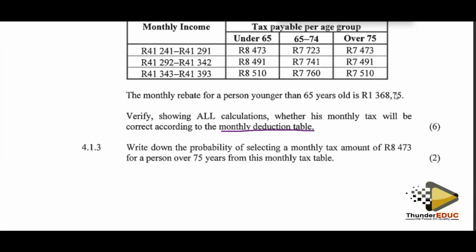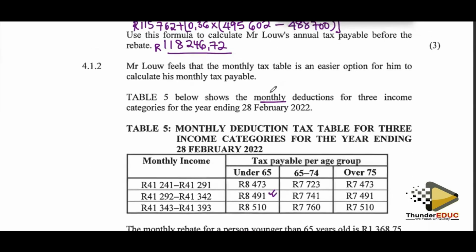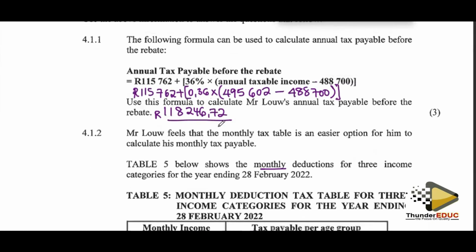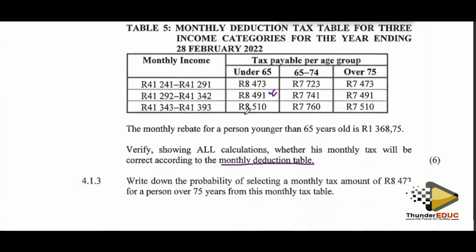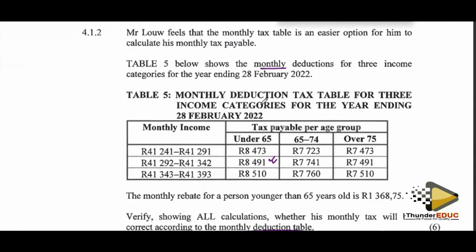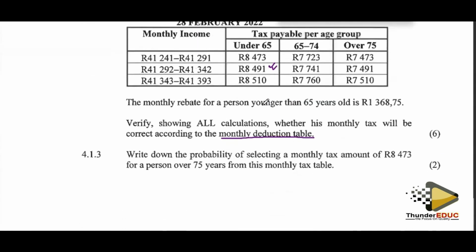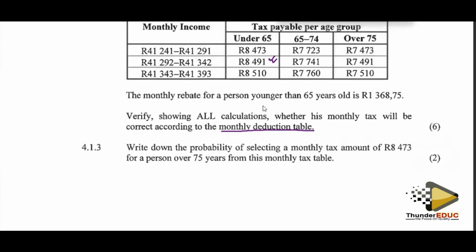So in other words, since this is monthly, we also need to get the monthly tax for this person. We've seen this is annual. So we shall come down here and say the answer he has got up there, which is R118,246.72. We are verifying whether the answer will be the same.